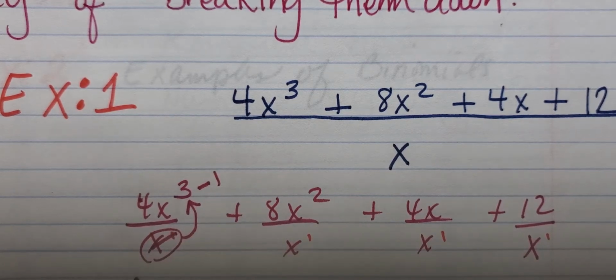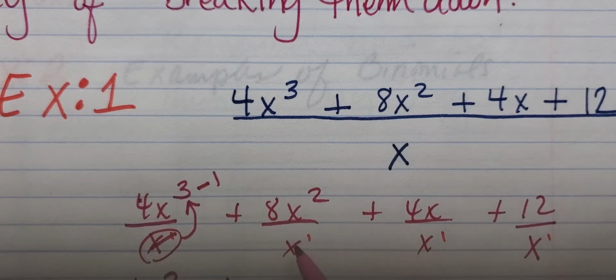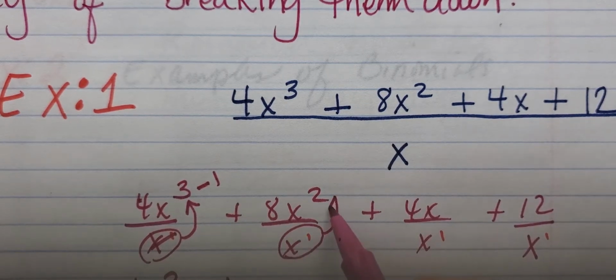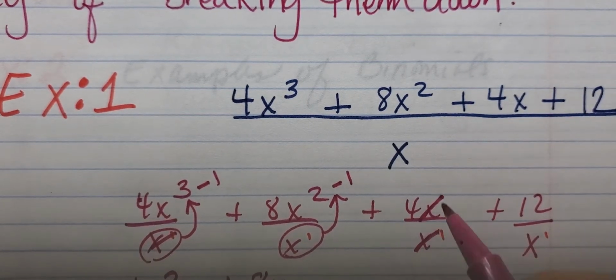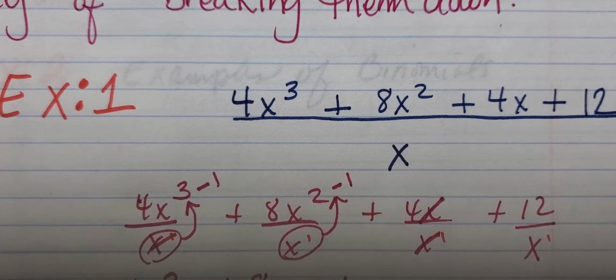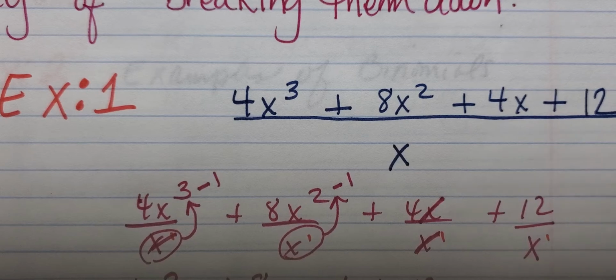So that's going to give you 4x squared, plus I'm going to take this one and go up here and subtract 1. It's going to give you 8x. And I'm going to realize that both of these cancel, and I'm going to get 4 plus 12 over x.